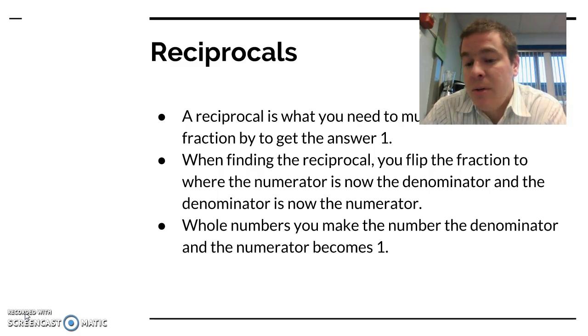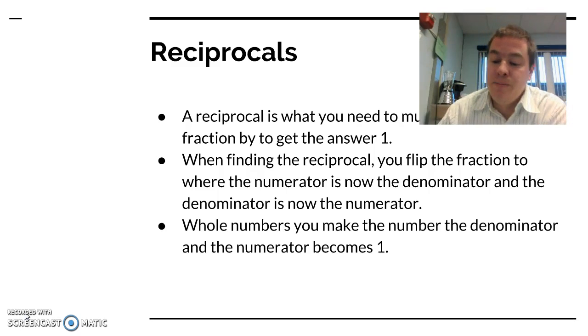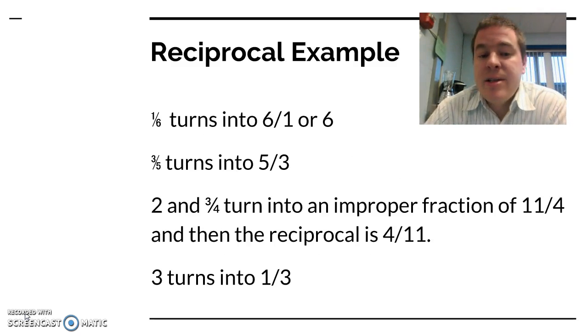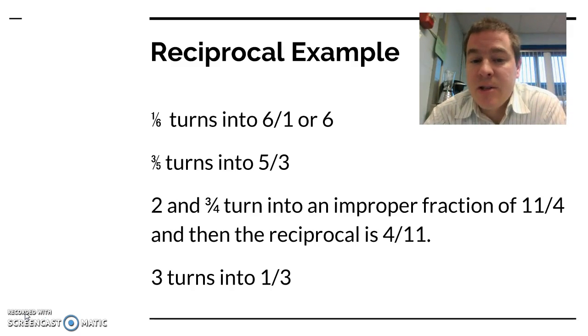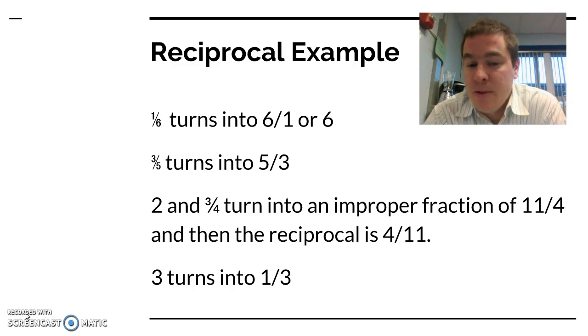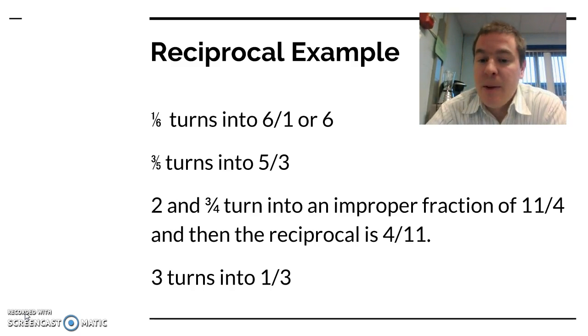If it's a whole number, all you do is take the whole number and make that the denominator, and the numerator becomes 1. So looking at the examples, 1/6 we would flip. The 6 would become the numerator, the 1 becomes the denominator, and then that reduces down to 6. 3/5, same thing. 5 becomes the numerator, 3 becomes the denominator, so the reciprocal of 3/5 is 5/3.